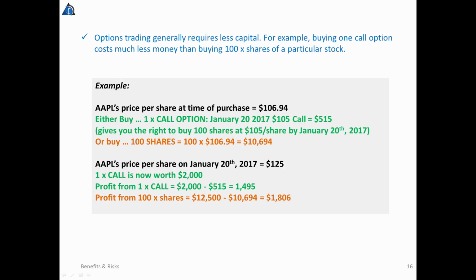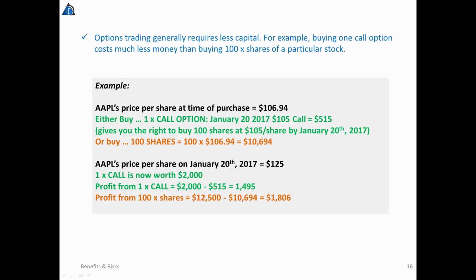That's how much your call is worth at expiration. How much profit have you realized? $2,000 minus your initial investment of $515. That's $1,495 in profit.